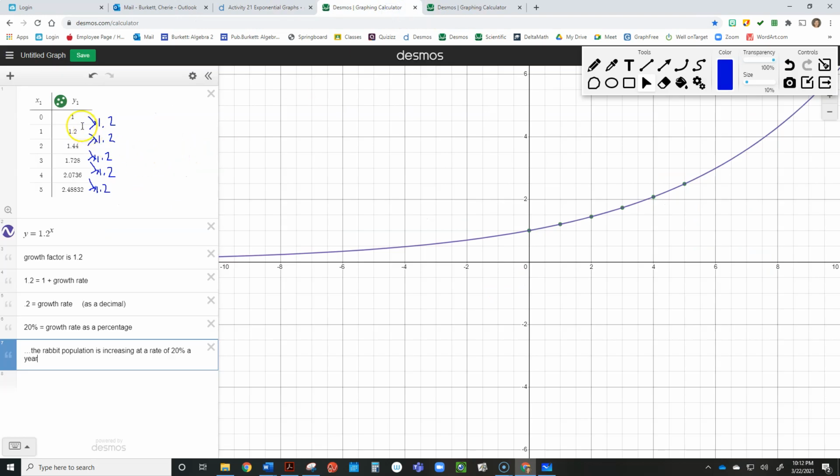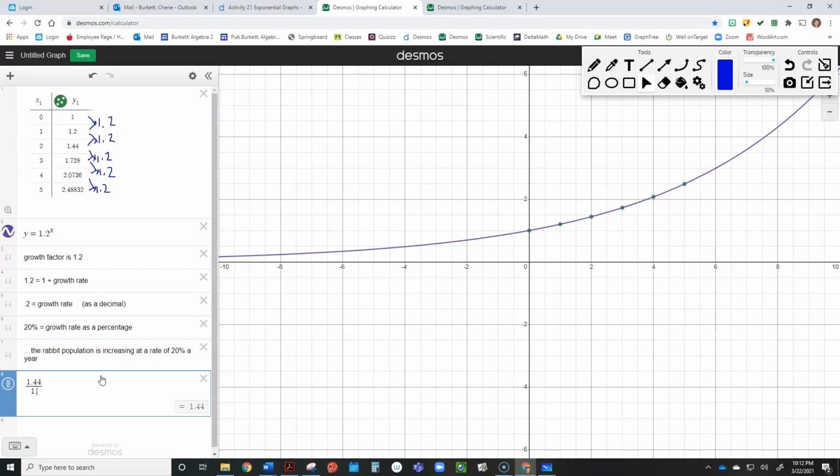So if you jump over here real quick, you can see that this has a constant multiplier of 1.2. I do want to remind you that if you're not sure about the multiplier, then just do a few division problems. In other words, take 1.44 and divide it by 1.2.